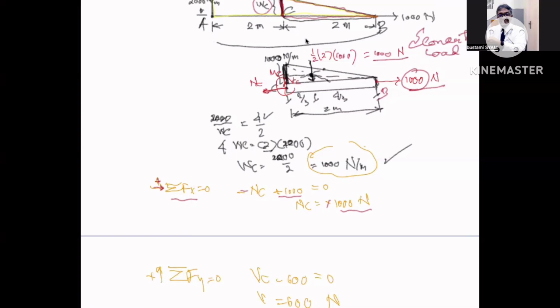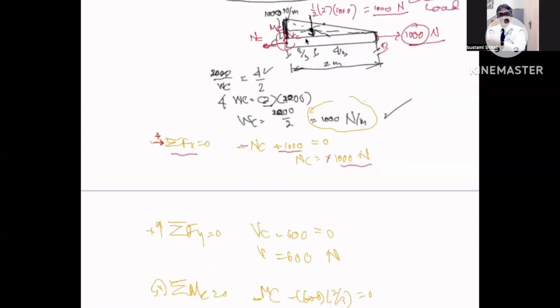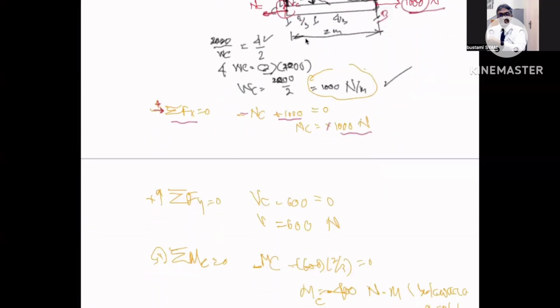Okay. Now let's check the vertical direction, in which plus is to y positive right here. So sigma Fy equal to 0.